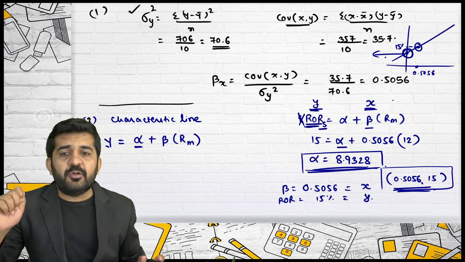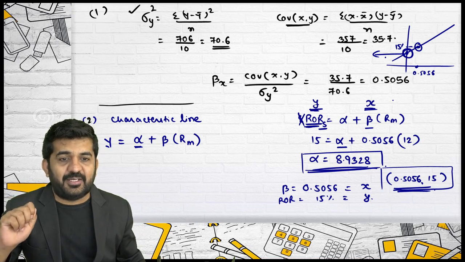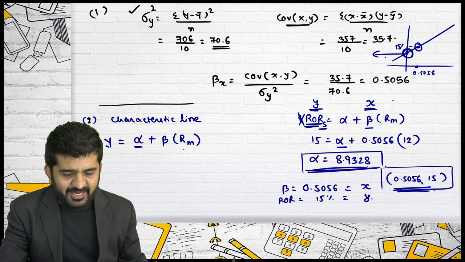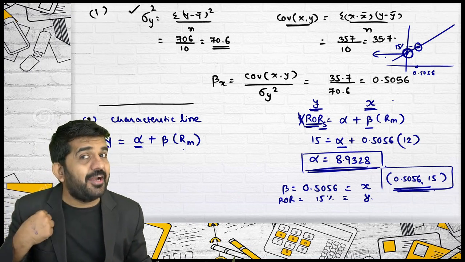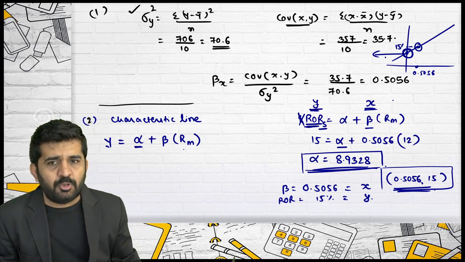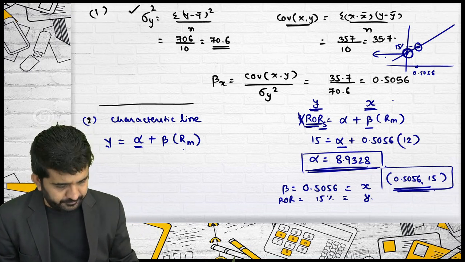Alright. A student will help me to draft the characteristic line. Now I know all the figures. Is it alright? How will I write down the characteristic line? In the last lecture, I had made a mistake. You should not make this mistake. Mac, you will help me out with how to draw a characteristic line.